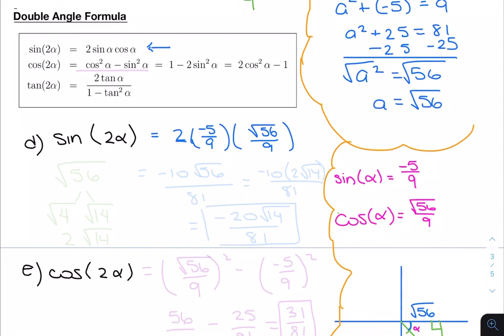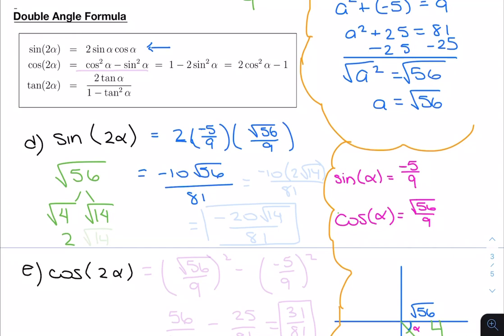So remember that when we multiply across, this would be negative 10 square root of 56 all over 81. And from here, we can actually simplify the square root of 56. I didn't do this earlier, but you can break up 56 by multiplying 4 times 14.